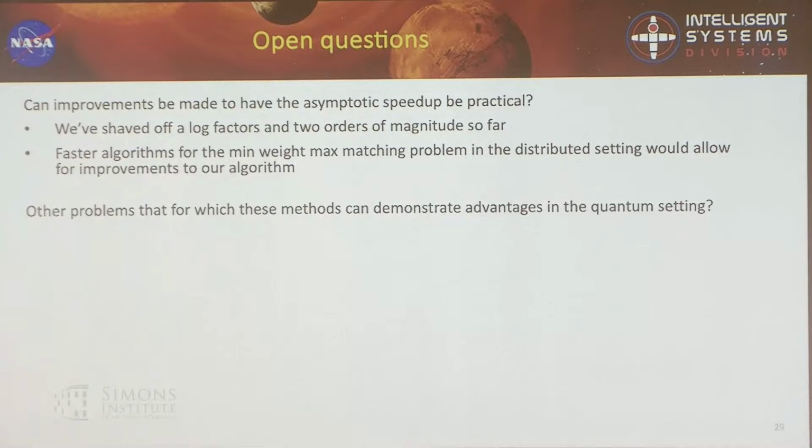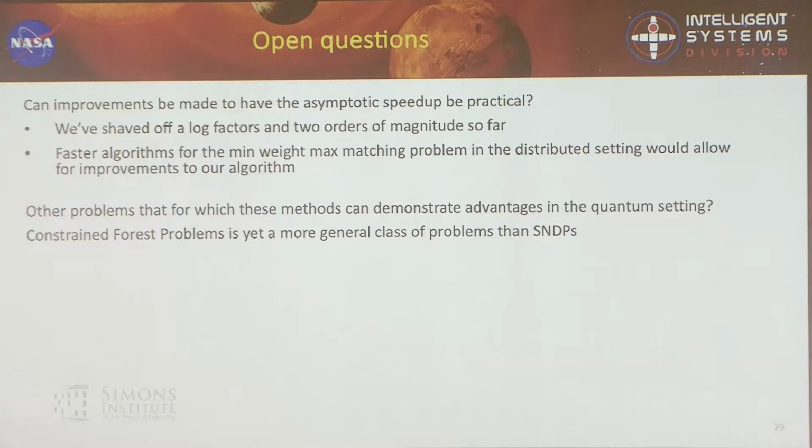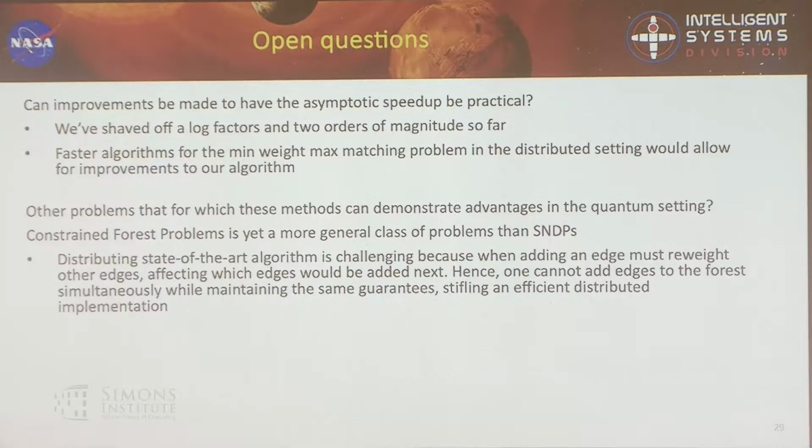Another question is other problems for which these methods can demonstrate an advantage in the quantum setting. We looked a little bit at the constrained forest problem, which is a yet more general class of problems than the survivable network design problems. But the state-of-the-art algorithm here, when you add an edge, reweights the other edges.